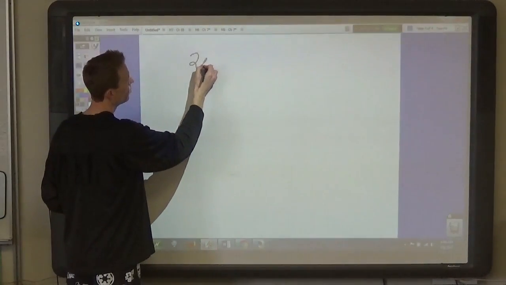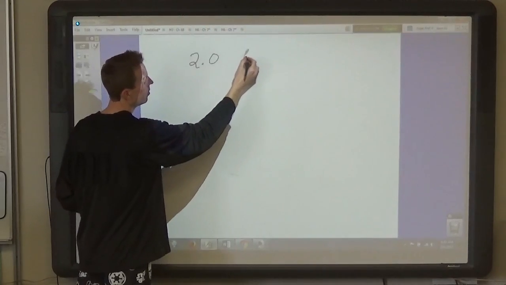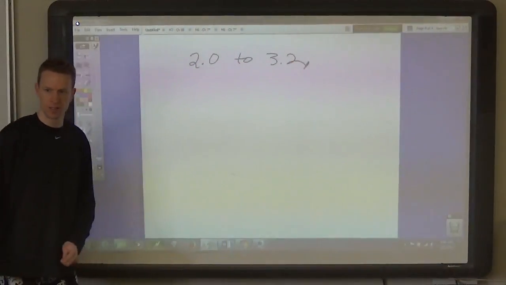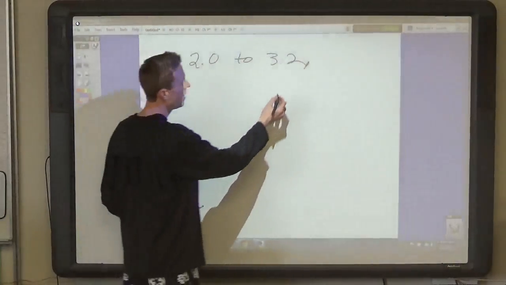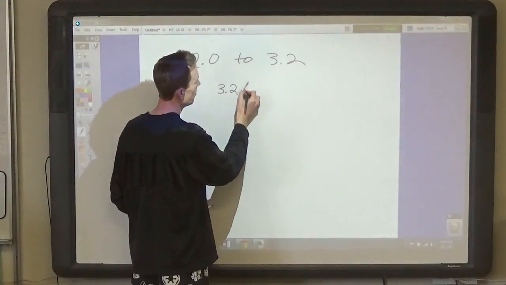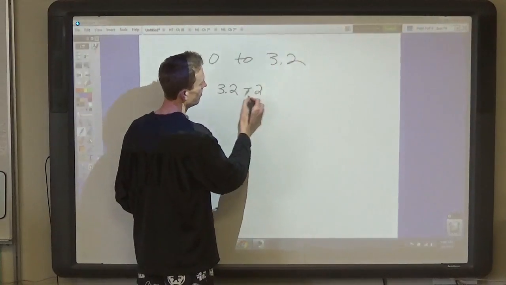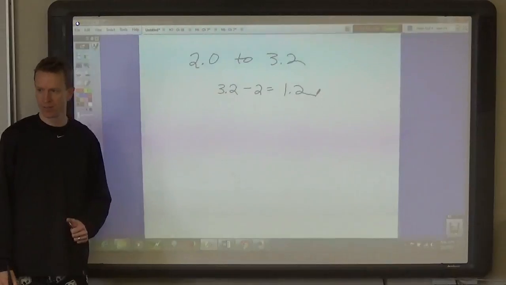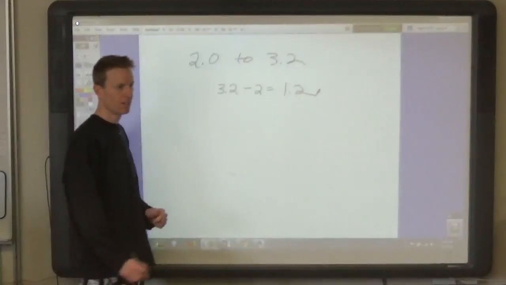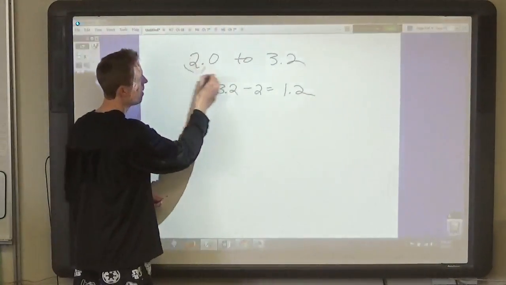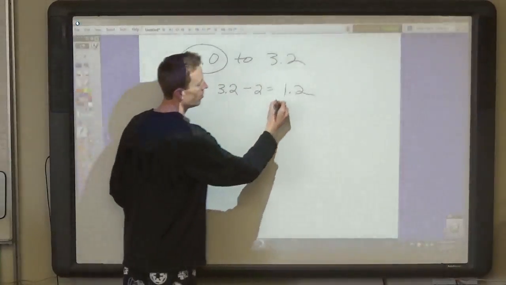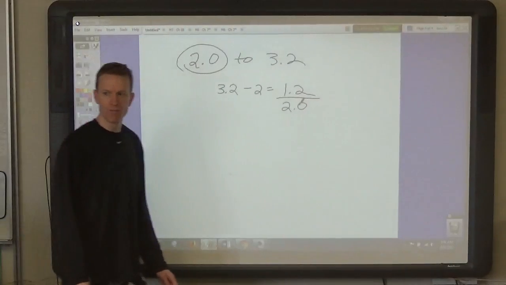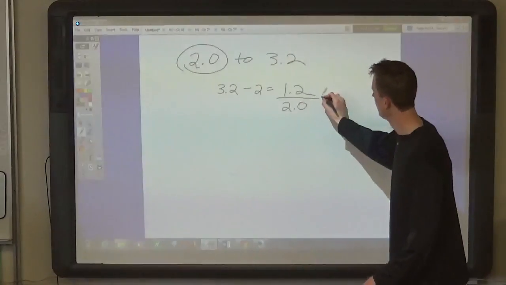So it was from 2.0 to 3.2, right? The difference is 1.2, right? Everybody with me? Then, what's the original amount? 2.0. 1.2 divided by 2.0.